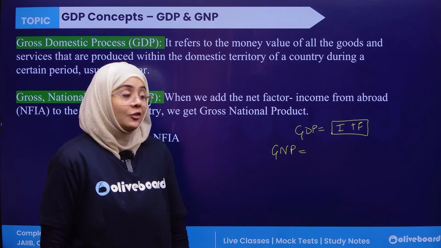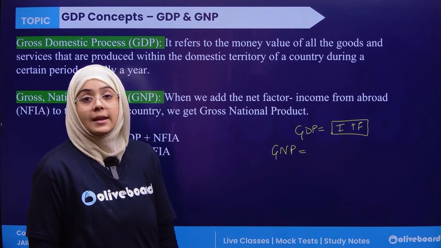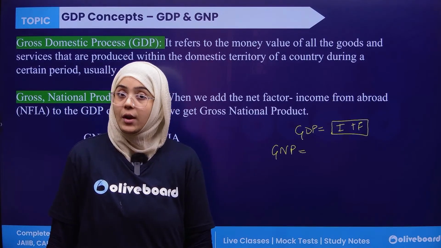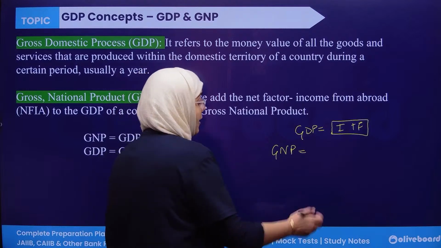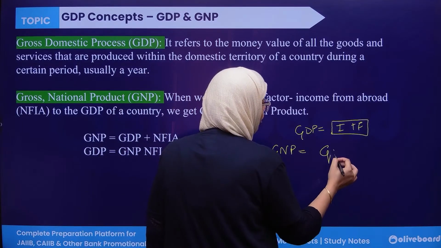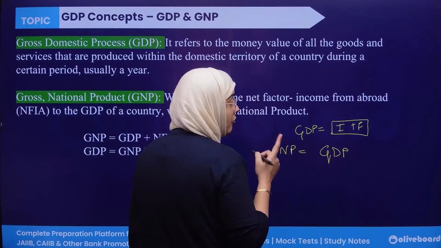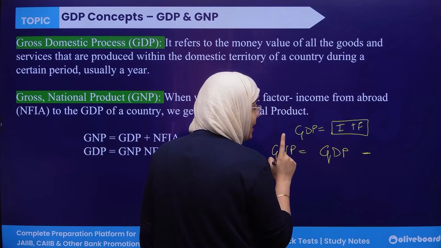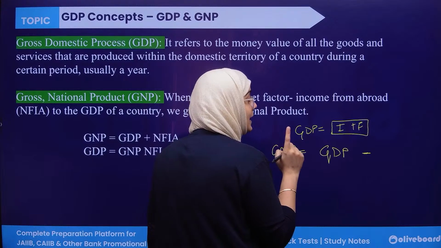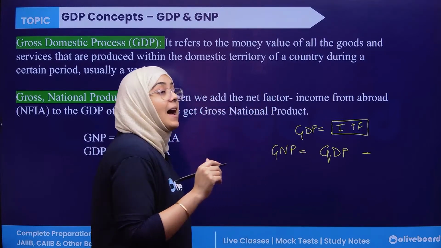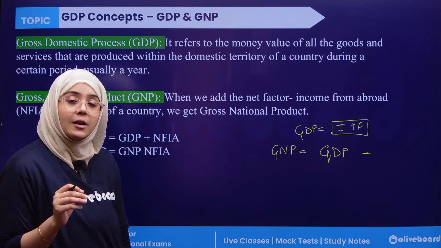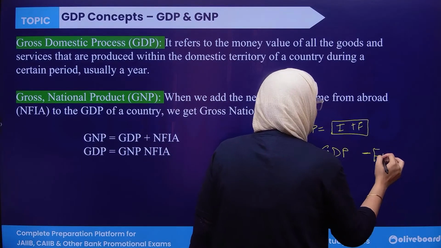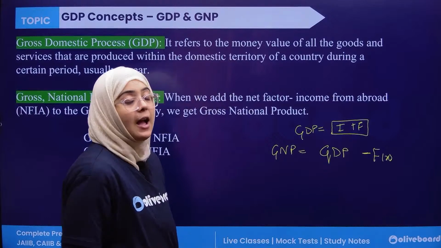Now, how? While calculating the gross national product, first, from this GDP, gross domestic product, I have to subtract all the income of the foreigners, which are actually earning in India, but they are remitting outside India.